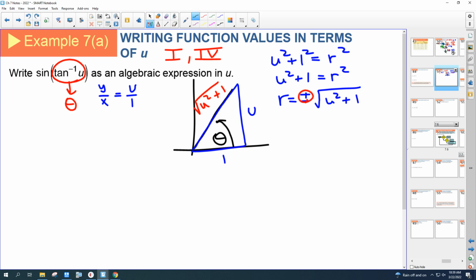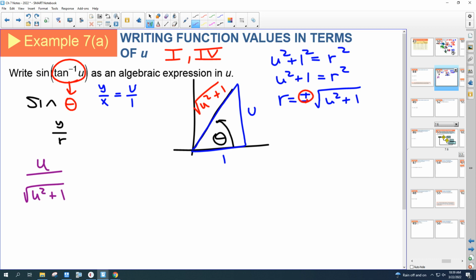Why that's important is because we're trying to find the sine ratio of that angle. And sine of that angle, we're talking about y over r. So in this problem, the y value is u. The r value is the square root of u squared plus 1.